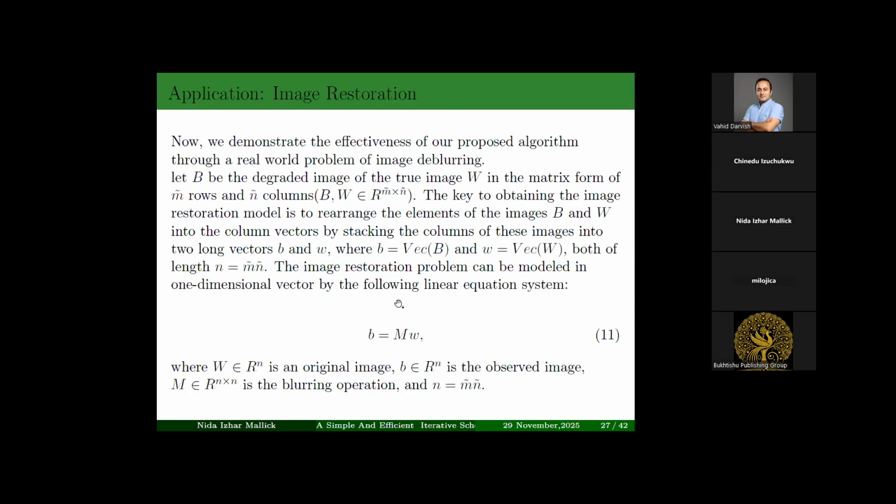So for that, I converted the mathematical representation of image restoration, defined by equation number 11, where small b is the vector representation of the degraded image, small w is the vector representation of the original or true image, and M is the operator applied to degrade the original image.